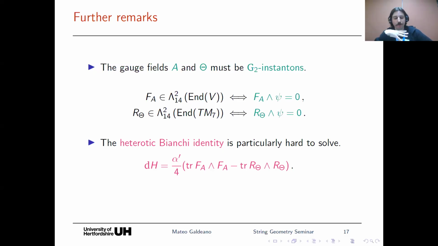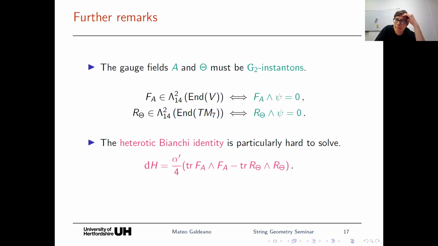I have to say, in my approach, the way I look at this, I don't fix the connection theta, and instead I use a theorem by Friedrich. In the end, I'm solving the Killing-spinor equations, and solving the Killing-spinor equations is good, but you would like physically to solve the equations of motion of your theory, right?